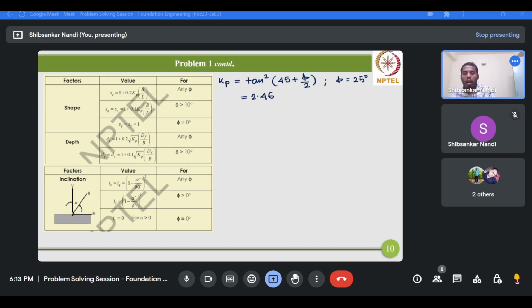All the expressions will consider the B prime value instead of B, because we have the eccentricity of the resultant load. So this Sc will be 1 plus 0.2 into 2.46 into 2.16 divided by L. L is infinity. Why?